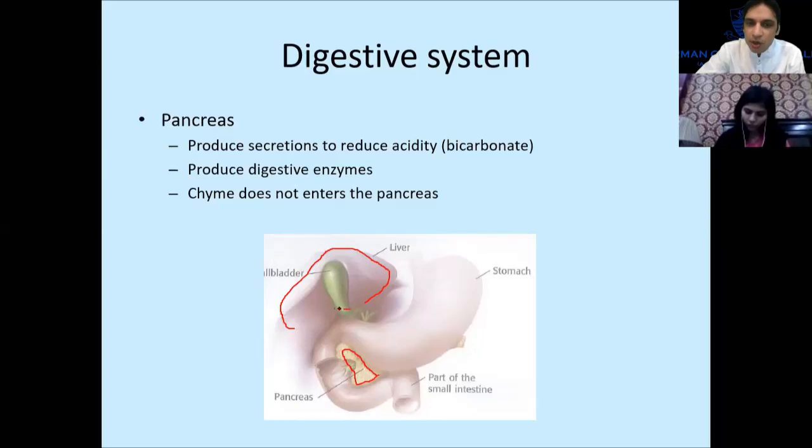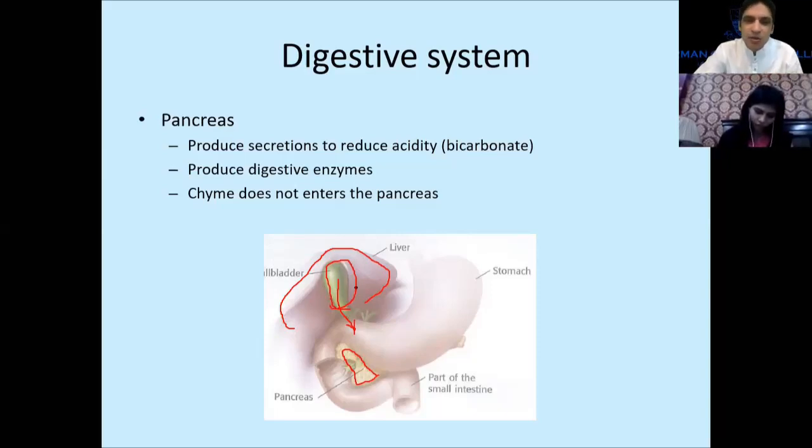The bile is stored in a chamber called the gallbladder, and from here a duct carries the bile into the small intestine. Sometimes some people develop stones in the gallbladder, and doctors surgically remove it.